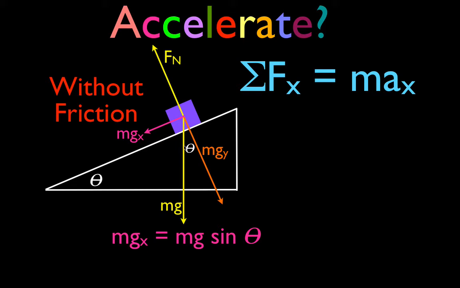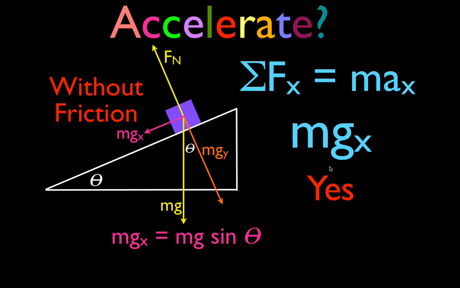Part of the gravitational force is acting in the x direction, and it is this force. You can see there's only one force acting along the inclined plane. It is this unbalanced force, the x component of the gravitational force, that causes the object to accelerate down the inclined plane. There's one force, the unbalanced force, mg_x, and therefore, yes, the object will accelerate down the inclined plane.